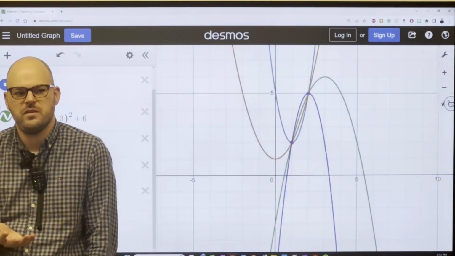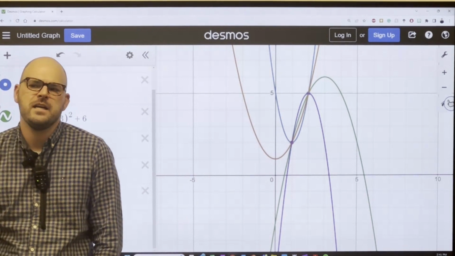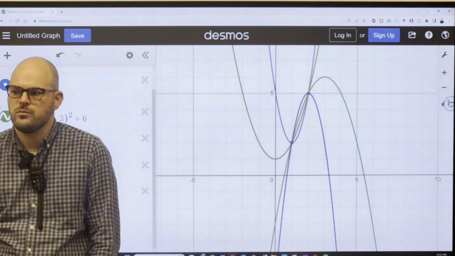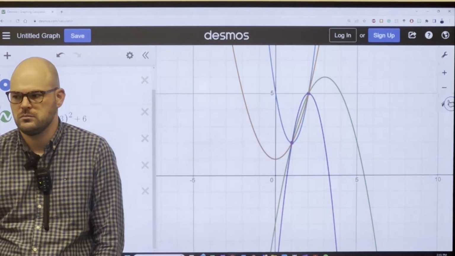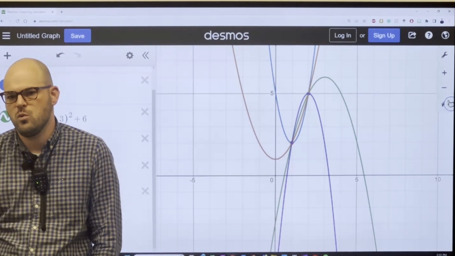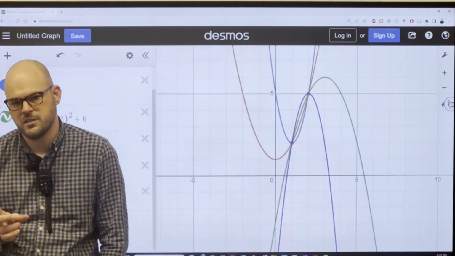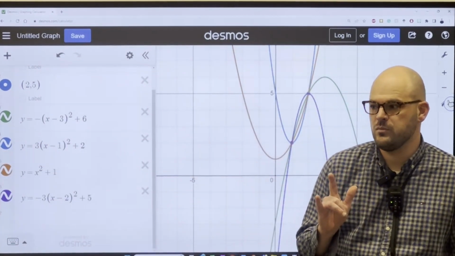Have I given you enough information? No. What else could I say to make sure everybody got the same equation? The line of symmetry. Be more specific. Vertex. The vertex.